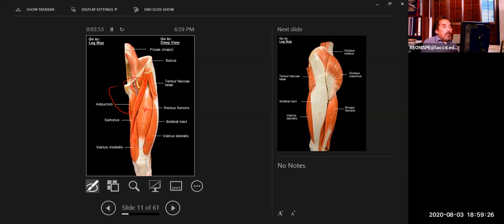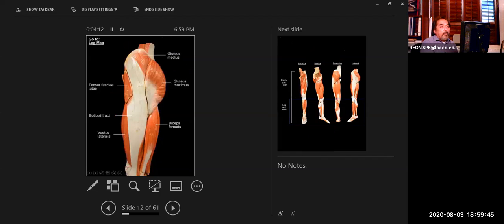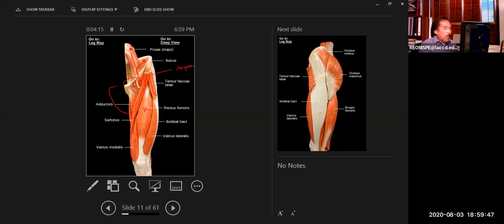Now, remember, this is the psoas muscle, and this is the iliacus muscle. When they go down, they actually go down here, both of them as one. And that's the reason why we call it the iliopsoas muscle. Okay, something went wrong. Iliopsoas muscle.